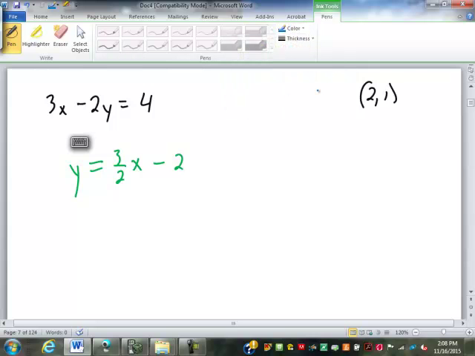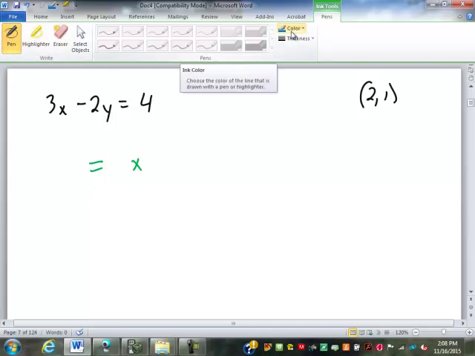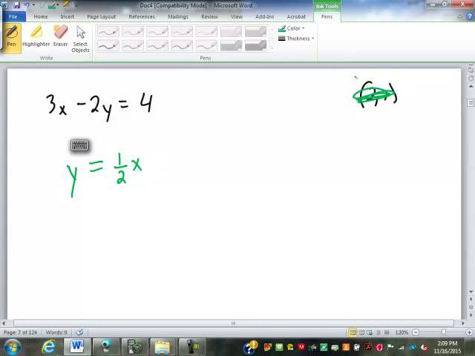Try to graph. It's going to be the exact same equation, isn't it? Never mind. I'll make this work out a little bit better for you. Yeah, that came out to be the exact same equation. That's not going to work real well. Try to graph those, see what you come up with.